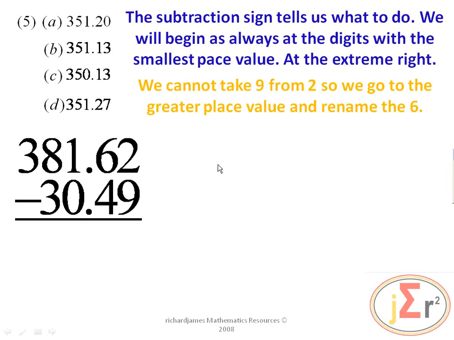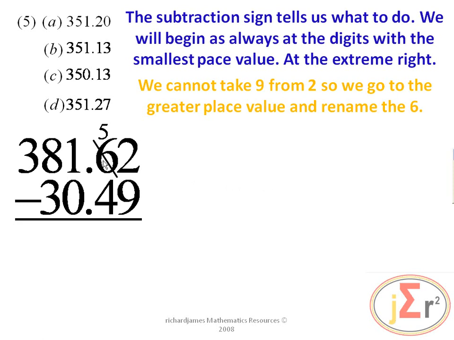And the word that we use in mathematics is rename. So we will go over to the 10th column and rename the 6. So we will remove 1 from this 6 and it becomes 5.